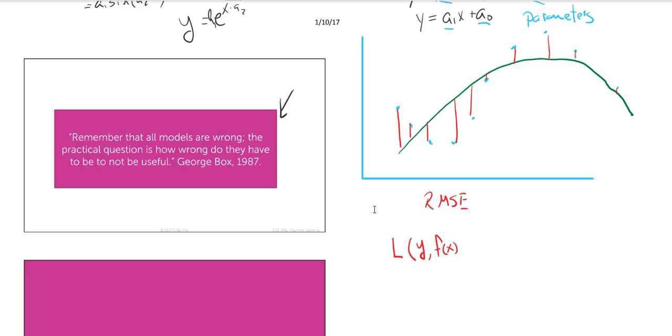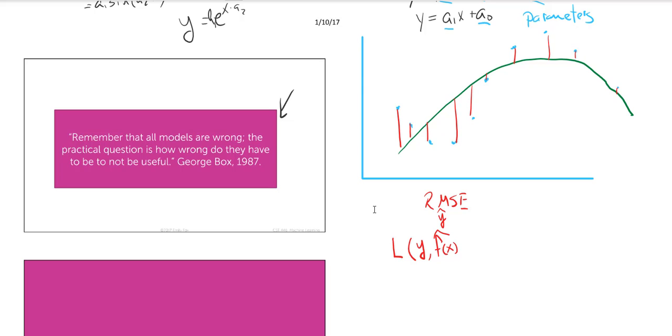And we want to use the notation for the predicted value. Remember, we said we're going to use y hat for the predicted value. Here we might sometimes denote this as f of x hat, just to indicate that it's the predicted value.